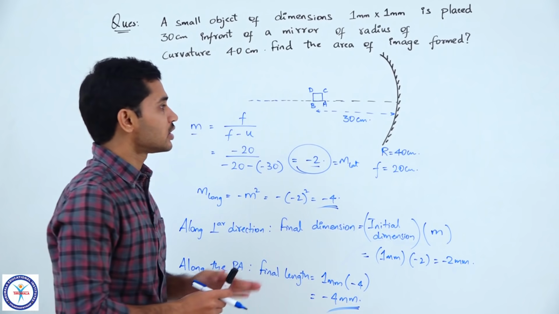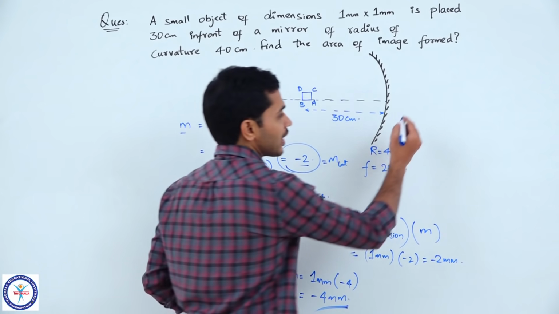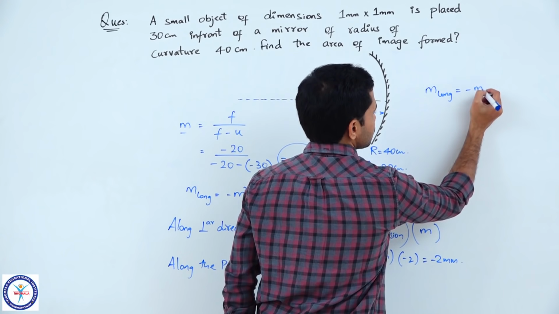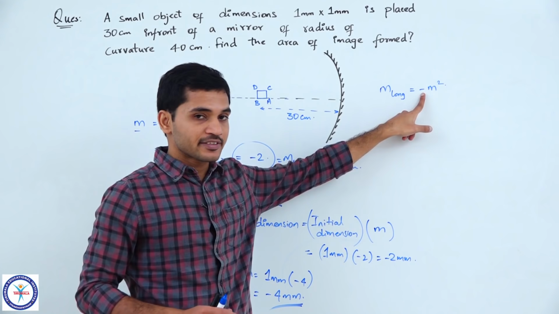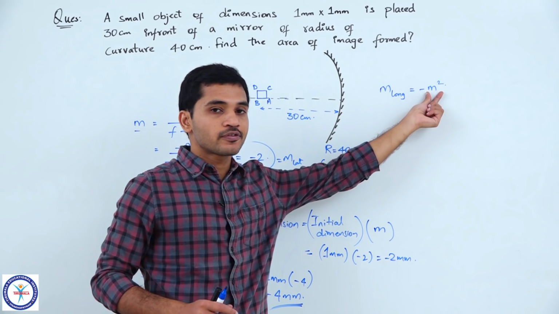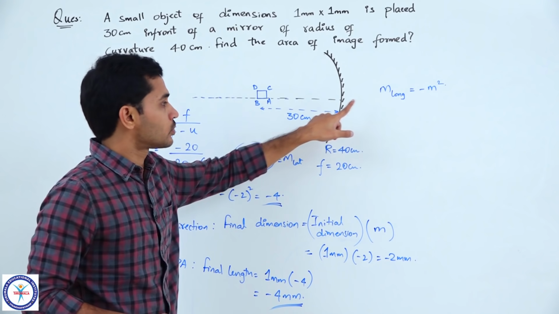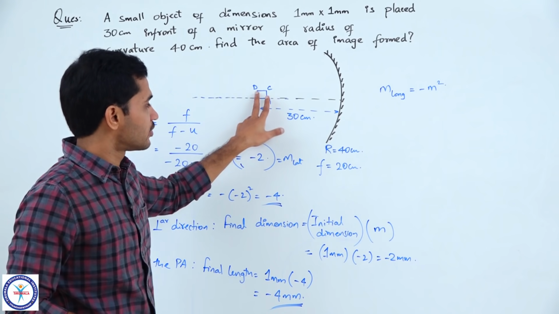And I told you earlier, this inversion always happens because longitudinal magnification is always negative, irrespective of the sign of m, right.